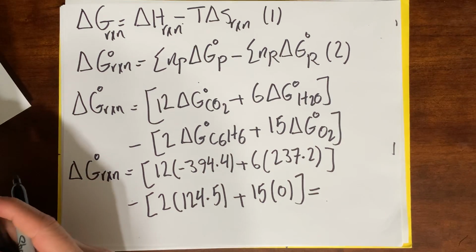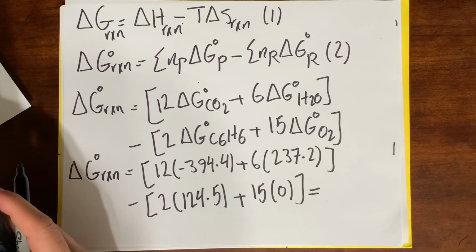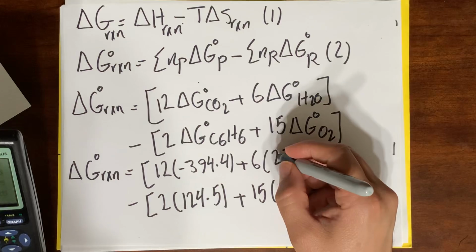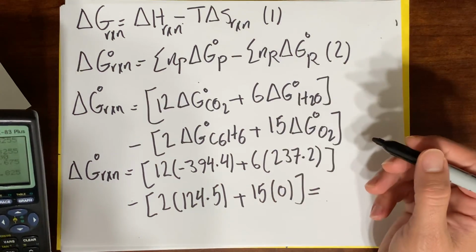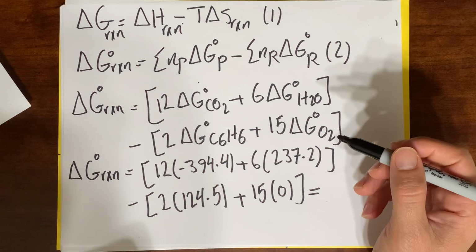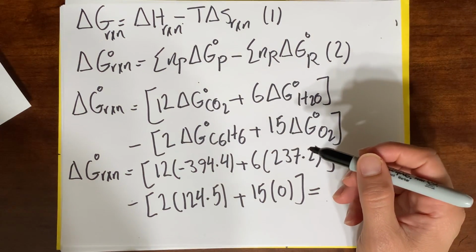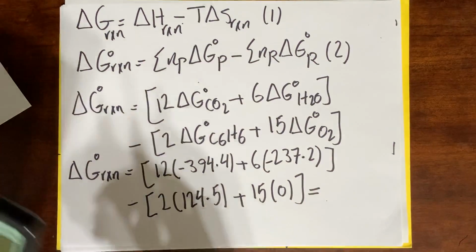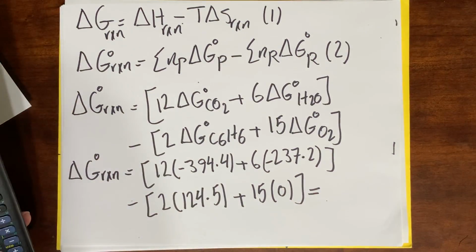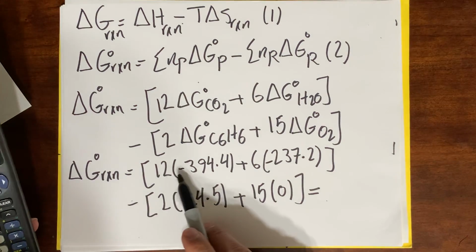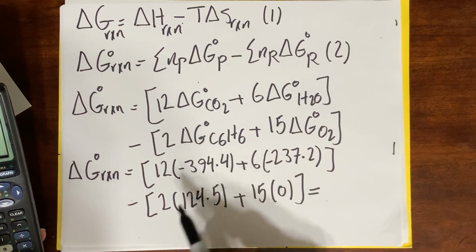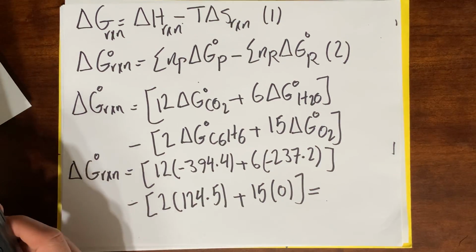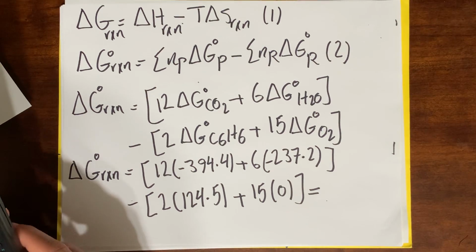So we have 12 multiplied 394.4. And this one should be negative, CO2. Wait, why did I use? It's H2O. This is negative. Yeah, that one is negative. Okay, so I have 12 multiplied minus 394.4, 6 multiplied minus 237.2.